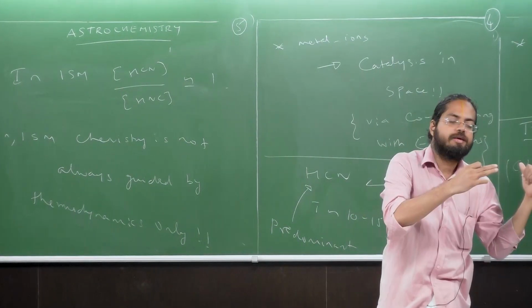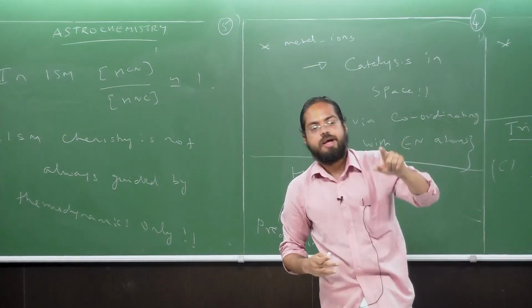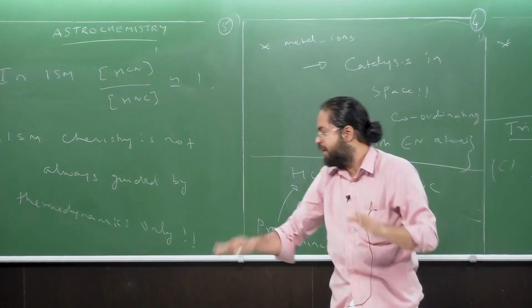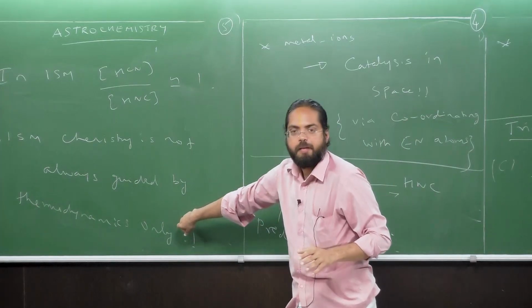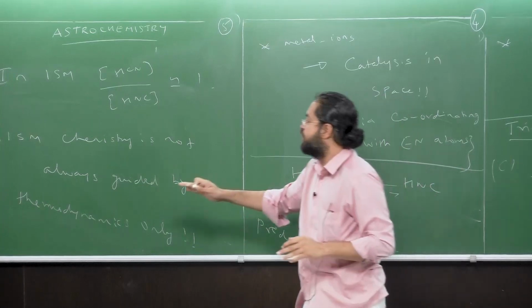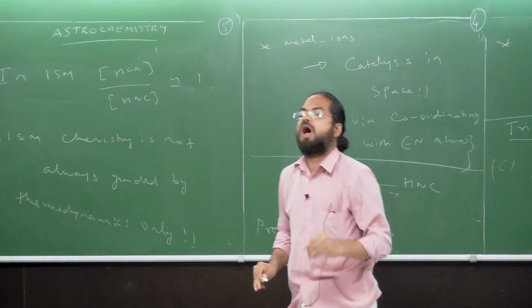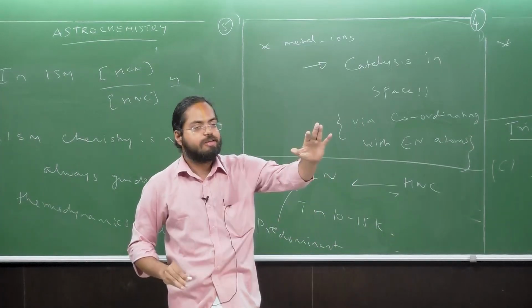Recall that I highlighted this point as a difference between ISM and Earth. Whereas on Earth, eventually, given sufficient time, thermodynamics rules, in the ISM, unlike on Earth, it is not always guided by thermodynamics only. Kinetics also plays an important role, and how exactly it does, we shall discuss much later.